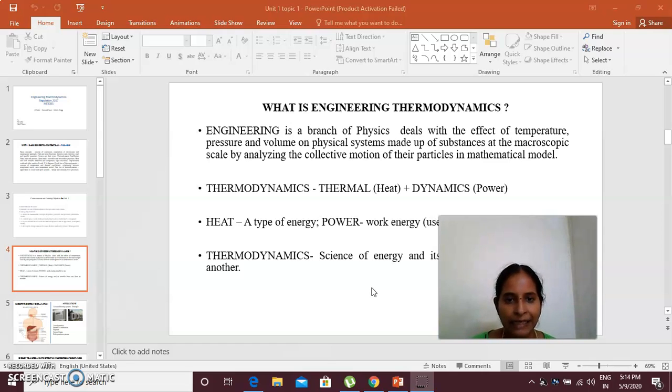So heat is converted to power that is directly utilized for the human community. Our purpose is to produce power by the supply of heat. It is the science of energy and its transfer from one form to another.